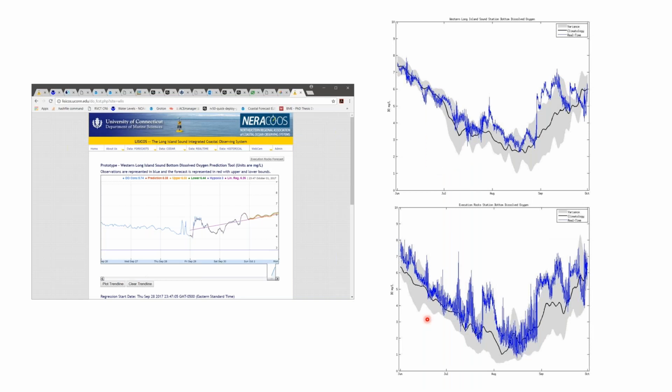Which we already do pretty well with hypoxia, because over the past 15, 20 years, we've been sampling dissolved oxygen in Long Island Sound at a high frequency. We're able to come up with these products that can be used by managers. We can forecast hypoxic concentration in real time, and we can plot the data in real time and see how a particular year is doing relative to other years.